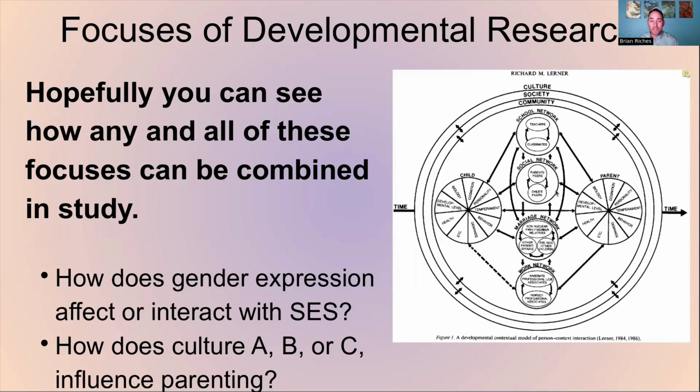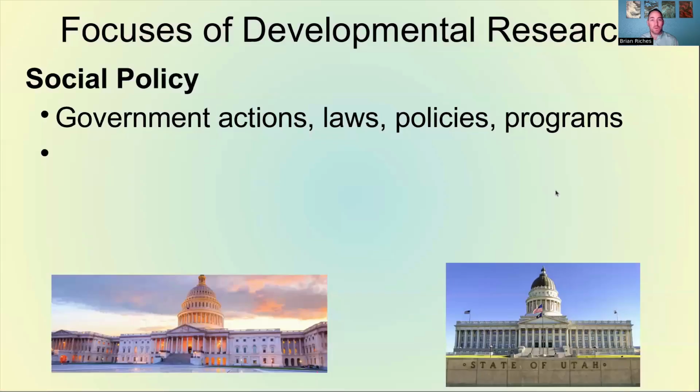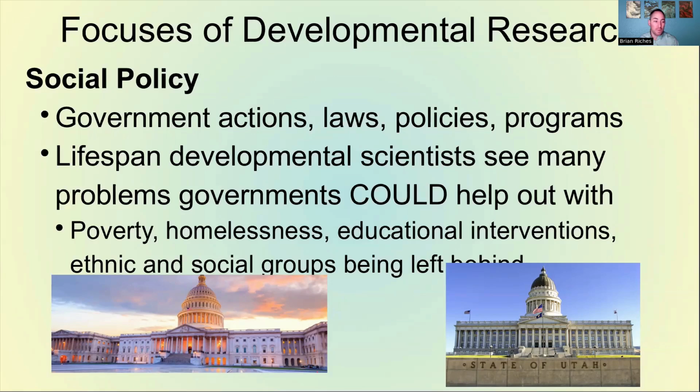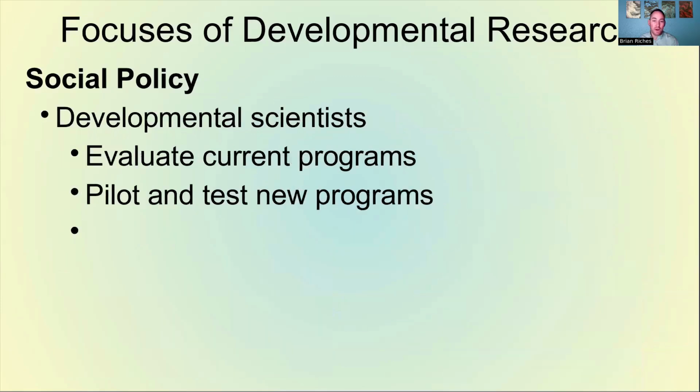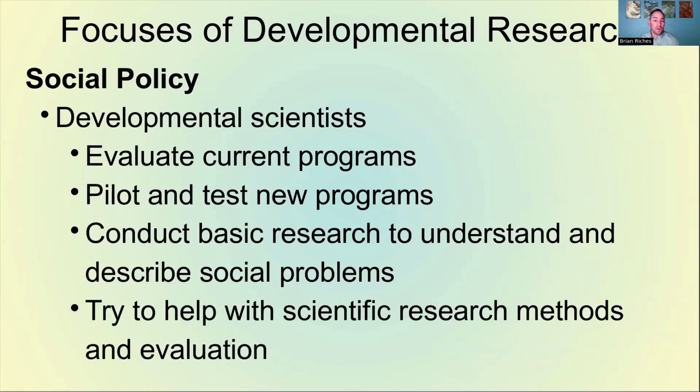And we'll also do studies that focus on things like social policies. What laws or policies or programs can we implement to help? There's a lot of things that we can do to reduce poverty and homelessness, make better educational interventions. So oftentimes developmental psychologists are evaluating programs, they're pilot testing new programs, they're conducting research to see what works.